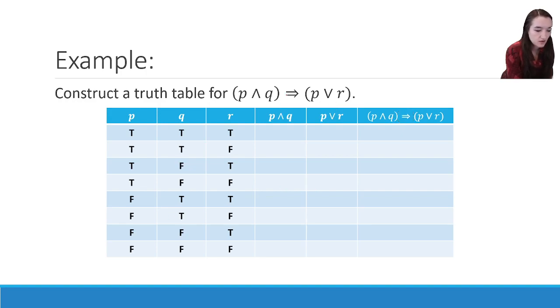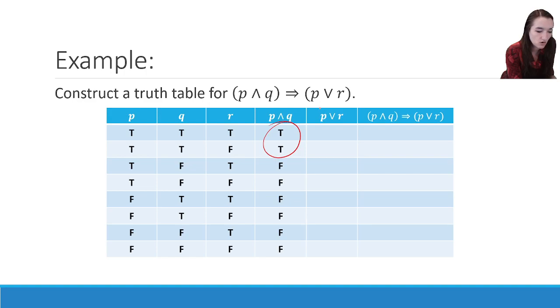So we start with P and Q, which gives us column 1 and 2 to look at. And statements are only true if both are true. So both true, and that's it. So those are our 2 true rows.